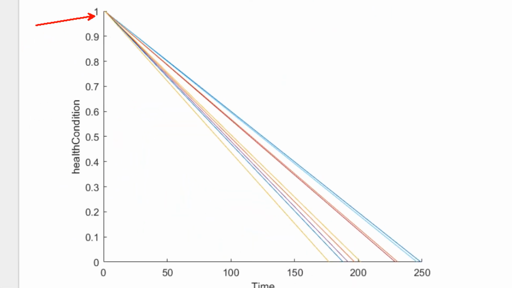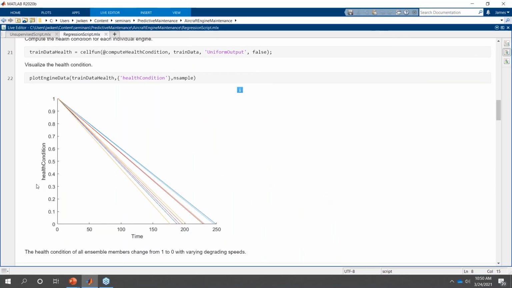We are going to assume that it starts at the ideal health at 1, and it will degrade linearly down to 0, where it will fail at the time that it failed, right? So these different engines that we have, they failed at different times, so we have these different sloped lines going down. Okay, so that's our ideal health indicator.